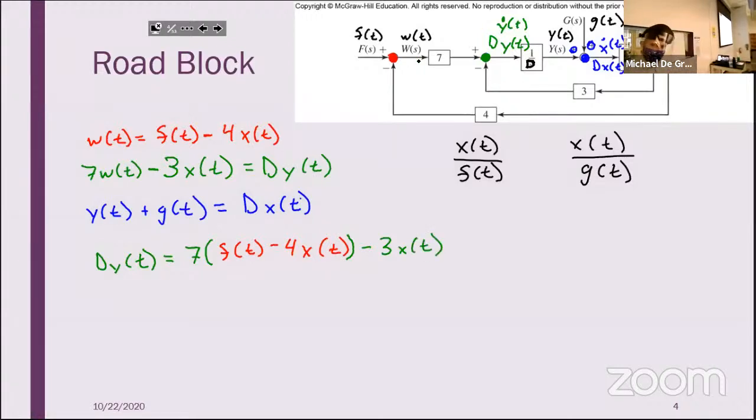I've just taken that green equation and substituted in the w of t equation, the red equation. I think it's pretty clear where I put each of those and how they fit together.